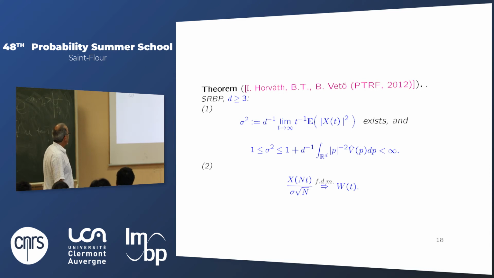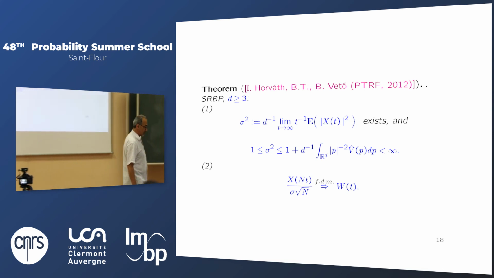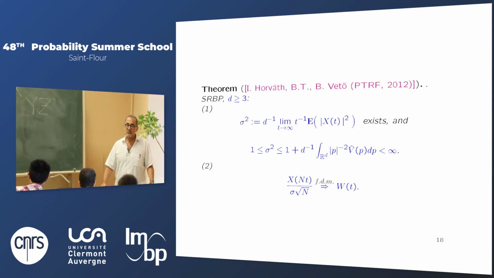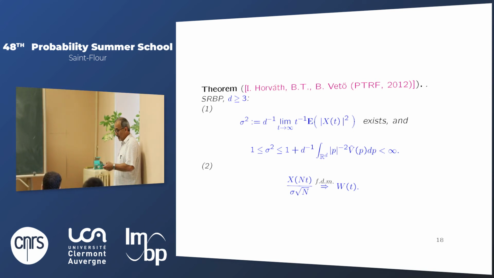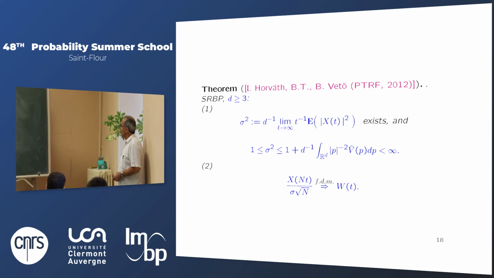And moreover, I have lower and upper bounds on the variance, and I have a central limit theorem for the finite dimensional distributions, converging to the joint distributions of the corresponding Brownian motion or Wiener process, but I don't have tightness. So I don't have convergence of the process. It's maybe a nuisance only, but anyway, it's technically always a headache, and I didn't spend much time with that. So that is the theorem.